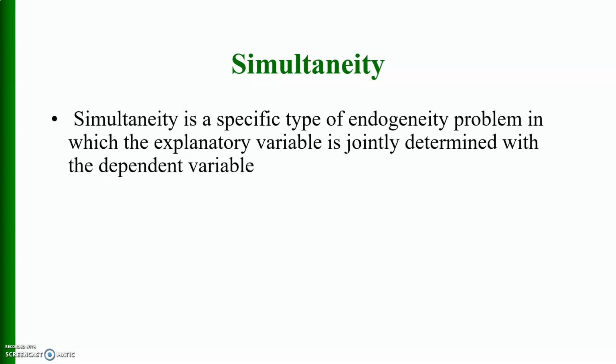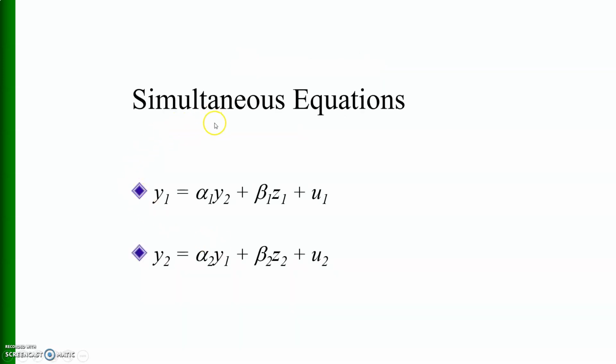Now a question is, what do you mean by simultaneity? It is a specific type of endogeneity problem in which the explanatory variable is jointly determined with the dependent variable. As you saw in the earlier case, y2 is jointly determined with y1 and y1 is jointly determined with y2.